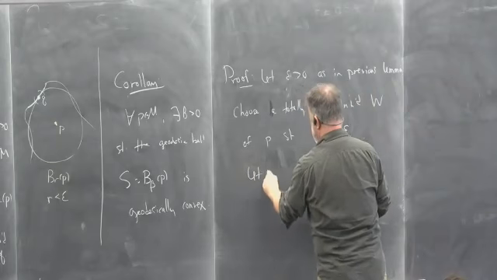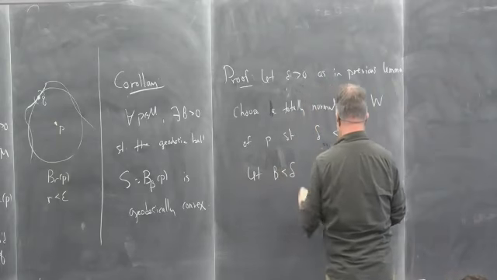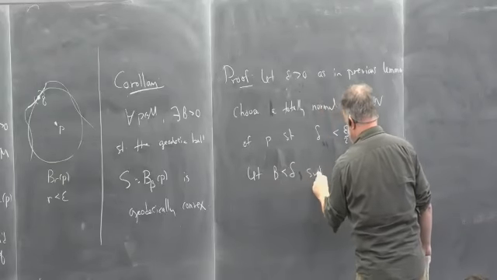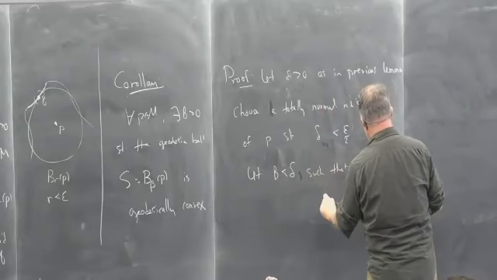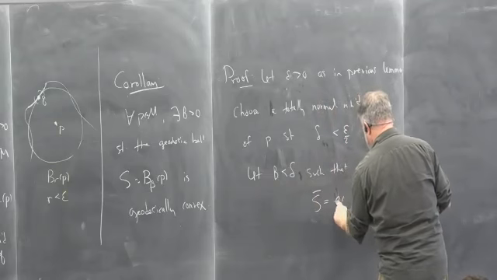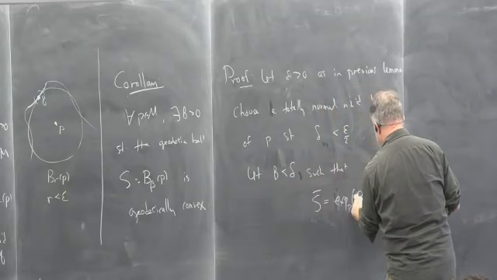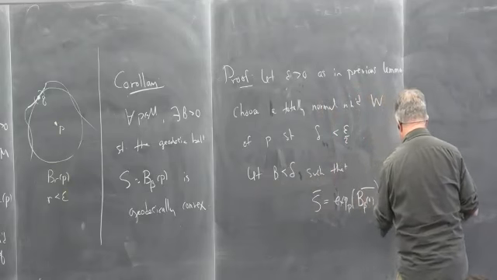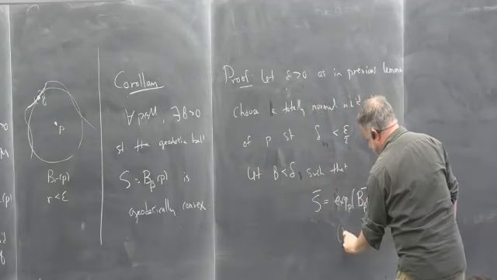And let beta be strictly less than delta, such that S bar, which is exp_P of the closure of B_beta(0), is contained in W. So we can do this by continuity, right?